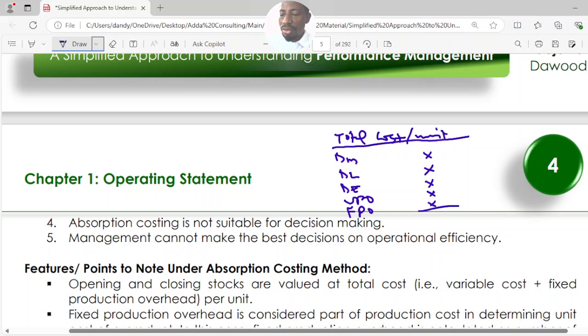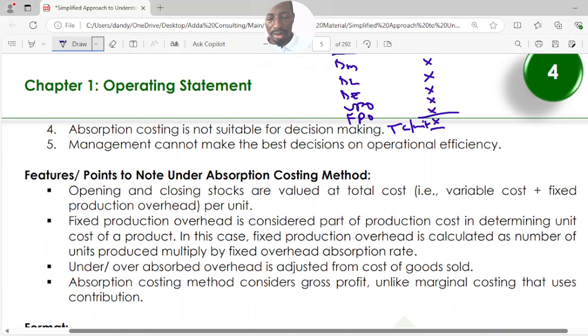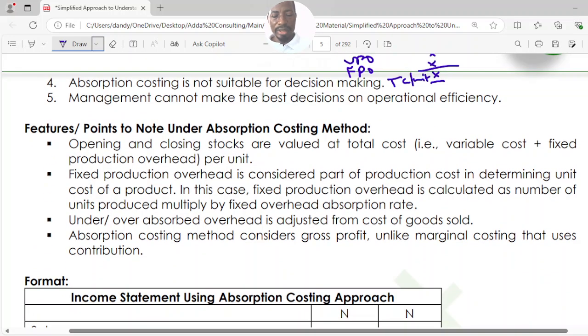I will add everything together, and that will give me total cost per unit. This total cost per unit, you now use to multiply the opening stock in units and the closing stock in units. That's what we're trying to say: opening and closing stocks are valued at total cost per unit. The second point is that fixed production overhead is considered part of production cost in the determination of the unit cost of a product.